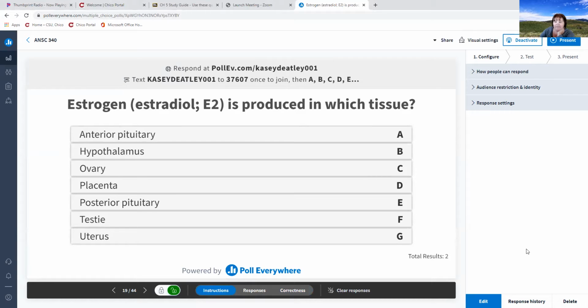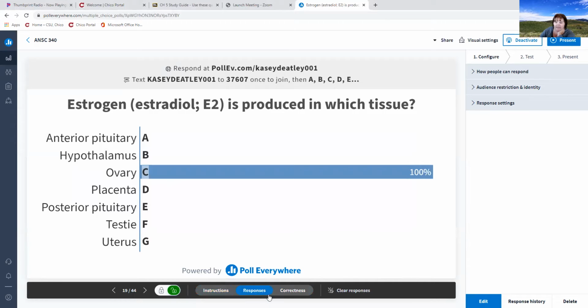All right, let's go 15 more seconds, guys. All righty. Our response is the ovary. I'm so glad we just had this discussion. Everybody got it right. Good job, guys.